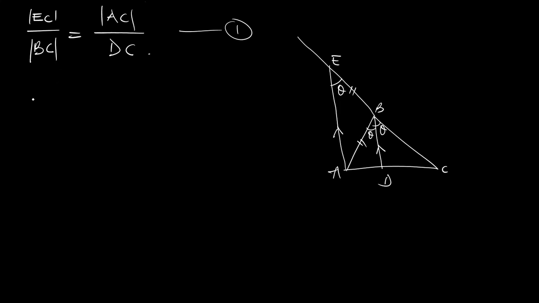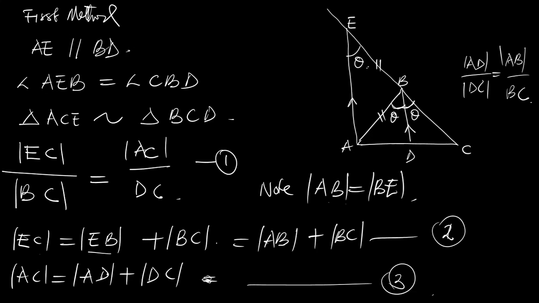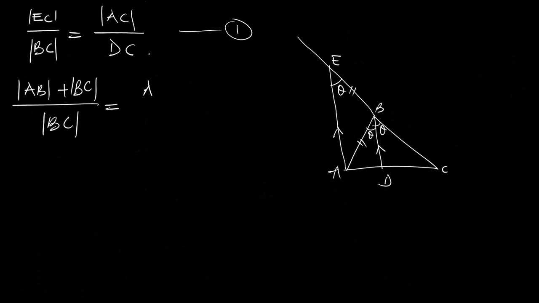So we change this to AB plus BC all over BC equal to AC, which is AD plus DC, all over DC.